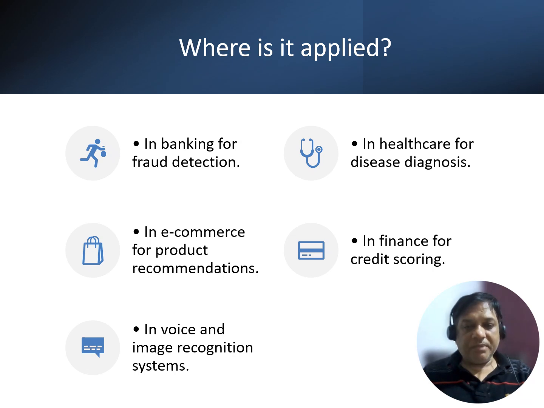So where is it applied? In banking for fraud detection, in healthcare for disease diagnosis, in e-commerce for product recommendations, the recommendations that you see if you order, say, a t-shirt, then based on your choices of t-shirts, it will recommend different types of jeans and trousers, in finance for credit scoring, and in voice and image recognition systems.